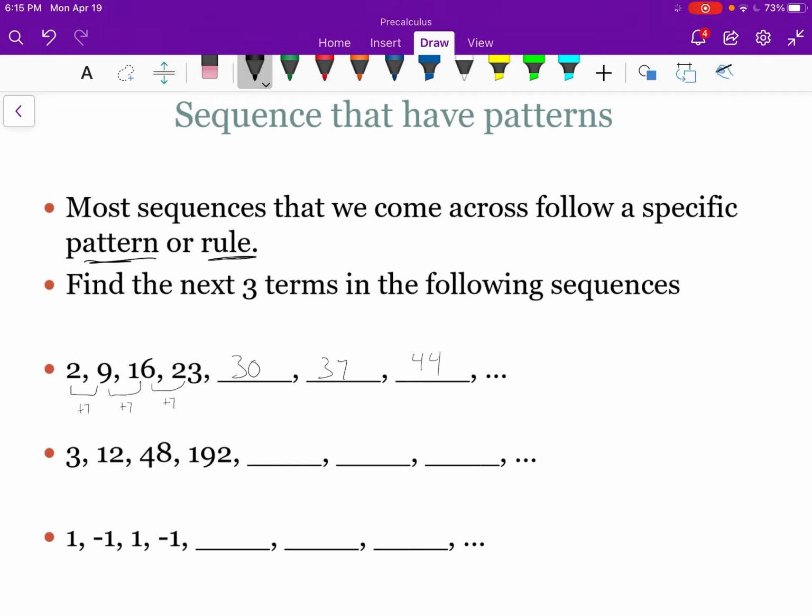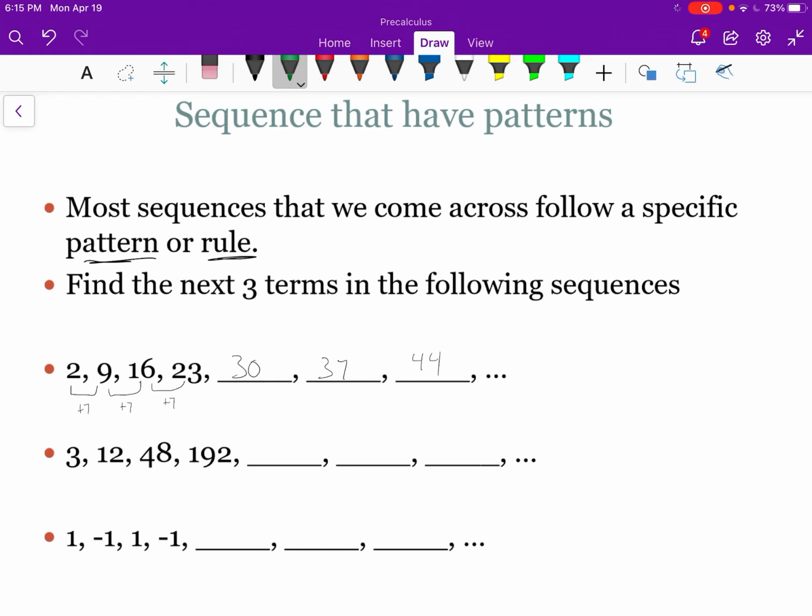Next one. Let's try it again. 3 plus 9 is 12. If we add 9, it would be 21. Our pattern is not adding 9.